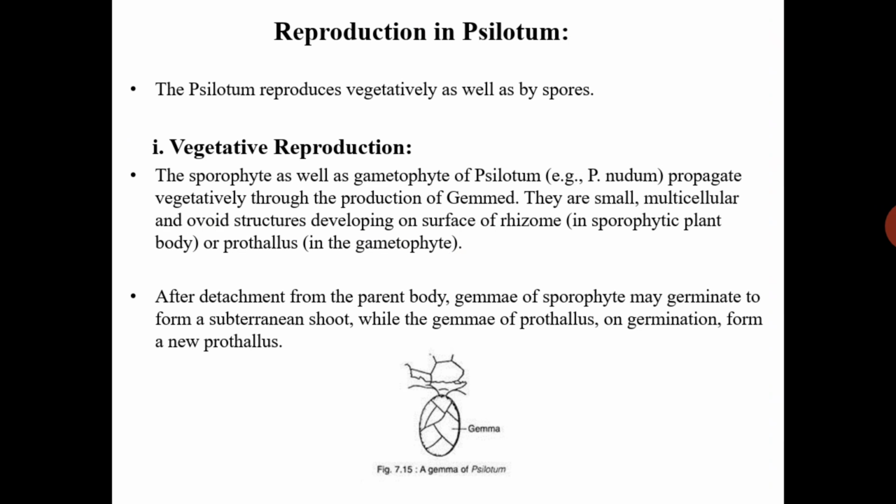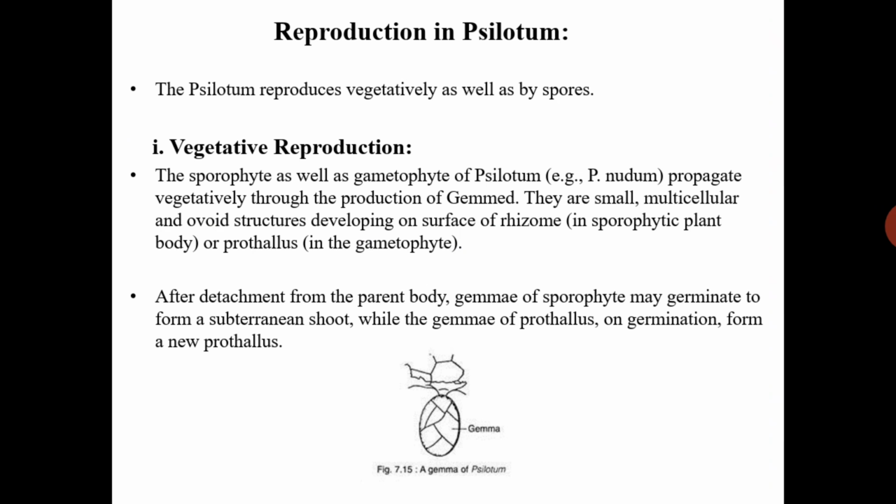Vegetative reproduction: the sporophyte as well as gametophyte of Psilotum propagate vegetatively through the production of gemmae. They are small, multicellular and ovoid structures developing on the surface of the rhizome in the sporophytic plant body, or they may develop on the prothallus in the gametophyte.